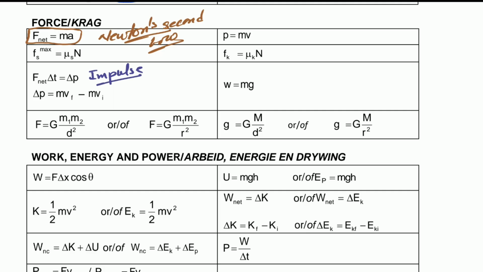That one is impulse there, guys. The symbol for impulse is the letter J, and it is equal to the product of net force multiplied by the time. This is the definition for impulse, and you can see it is right there. So it is in the formulas.